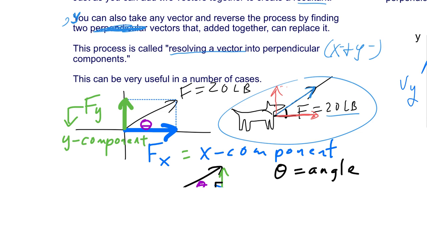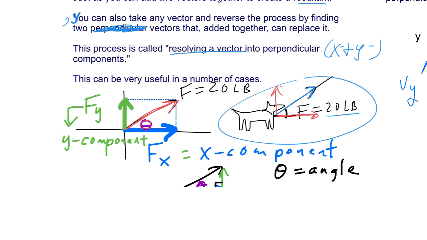Okay, so look on the picture on the left here. Here's the force I'm applying at some angle.